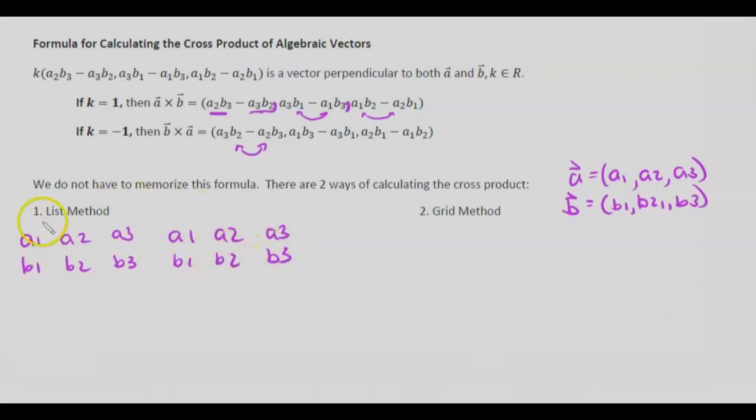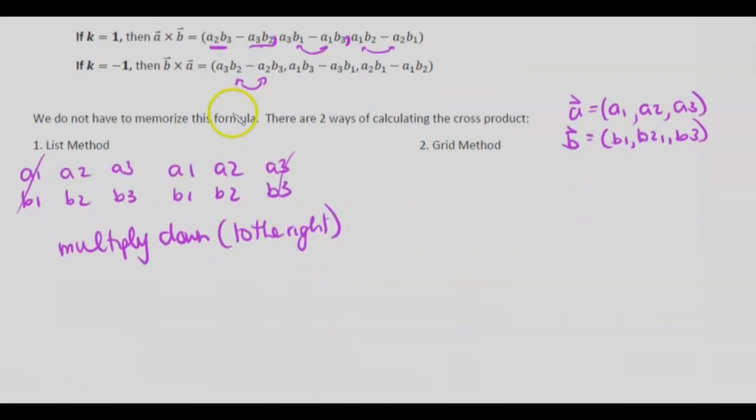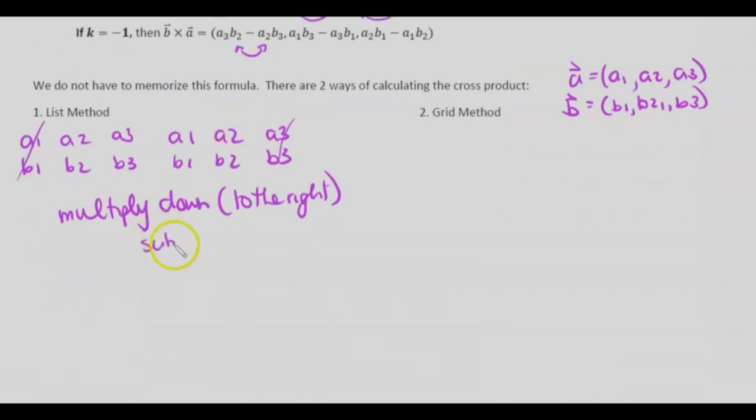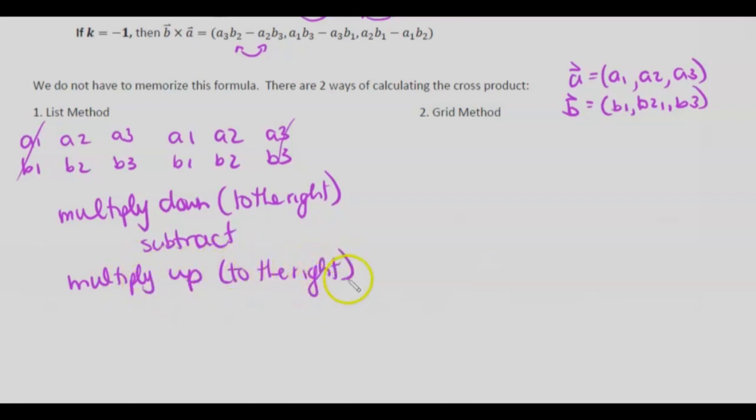So we ignore the first, we ignore the last, and we deal with the middle. So the rule here is multiply down to the right, and then subtract, and then multiply up, and of course to the right as well. So what this is going to look like is, here's our equation.